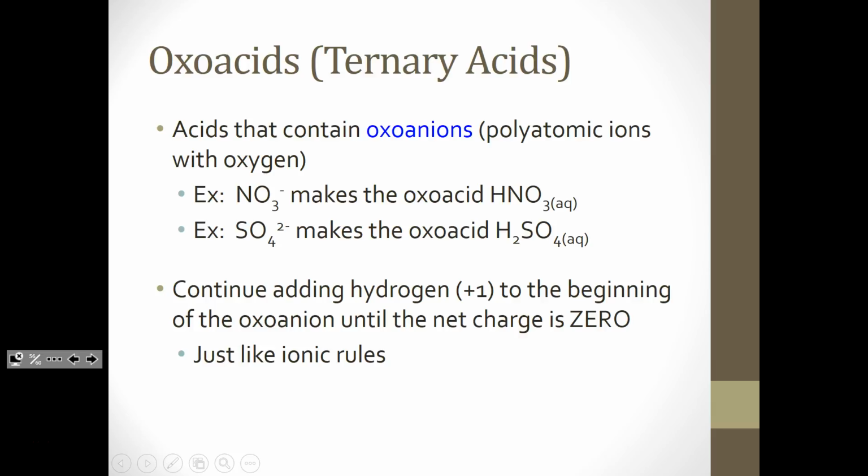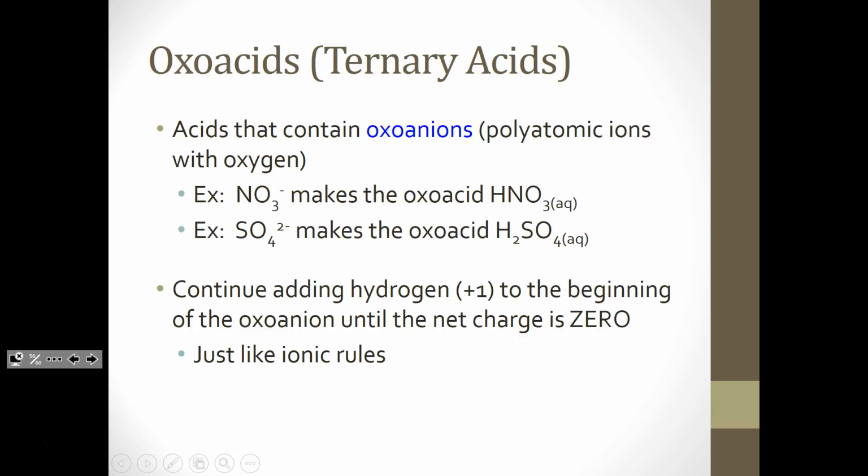And so these acids are going to contain hydrogen bonded to not an element, but to a polyatomic ion. So notice, for example, nitrate, this oxoanion, will bond with hydrogen to make HNO3. Sulfate will bond with hydrogen to make H2SO4. And the reason why there are two of them is to balance out the charge of sulfate just like we would have before.